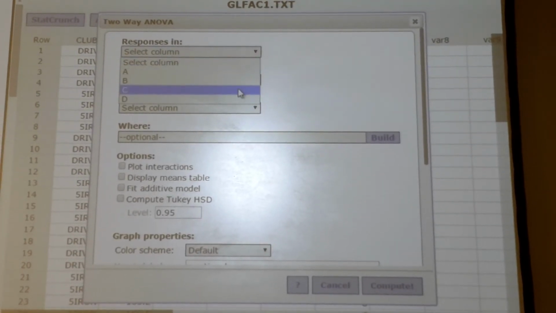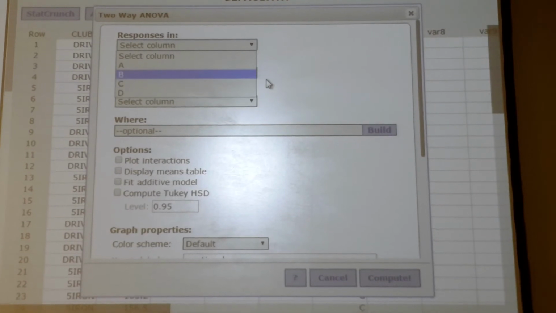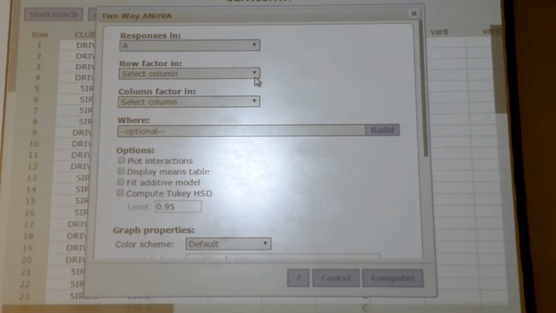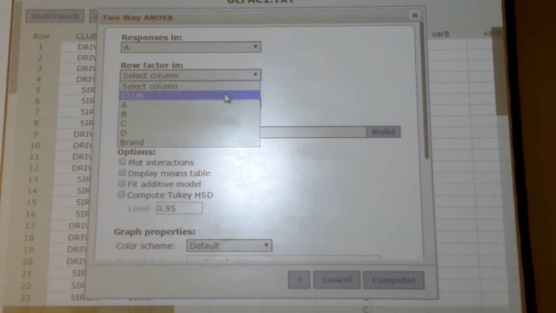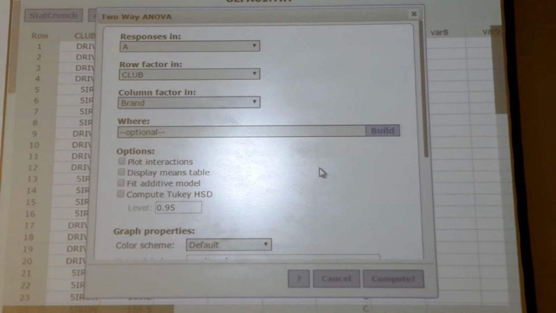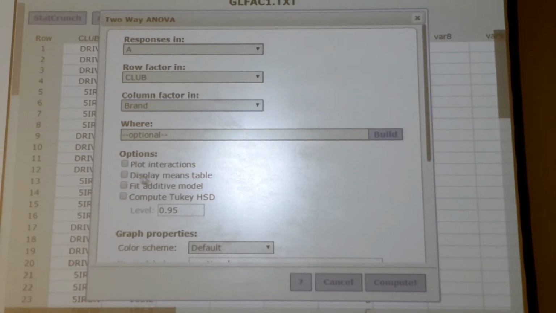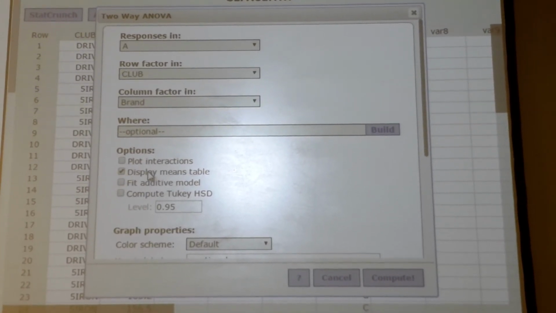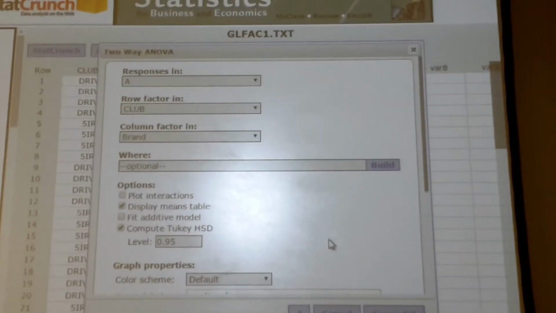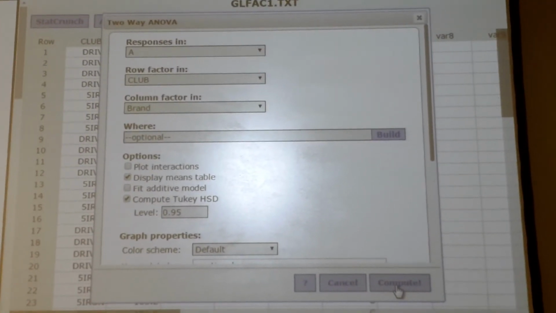Our responses are in column A. That was the distances that they flew. The row factor is the club. Column factor is the brand. We want to display the means table, and we can compute our Tukey's post-tests here.